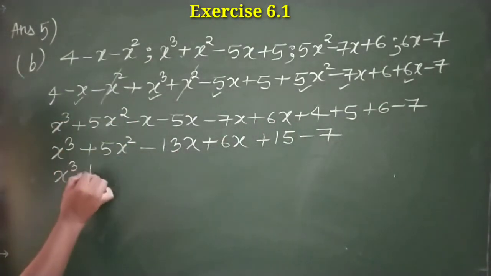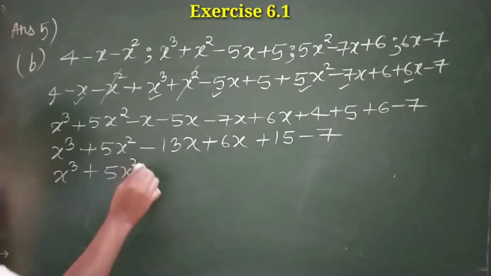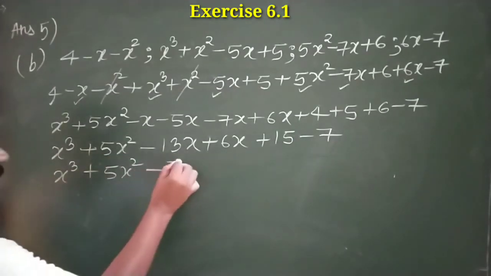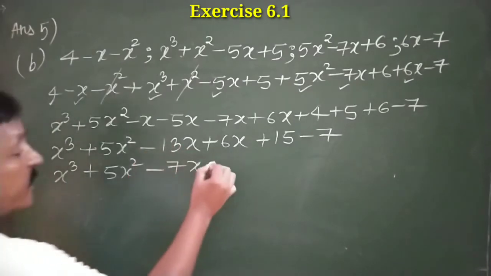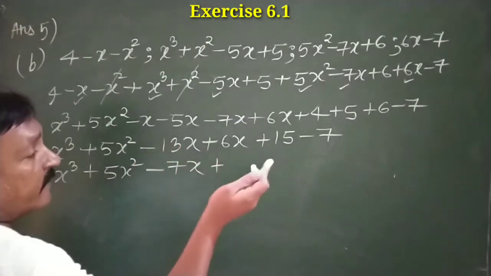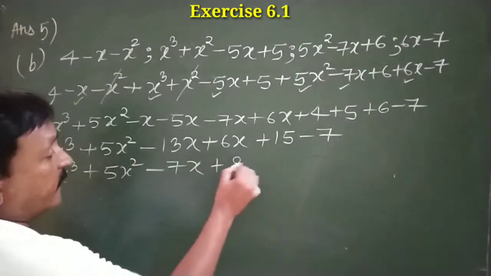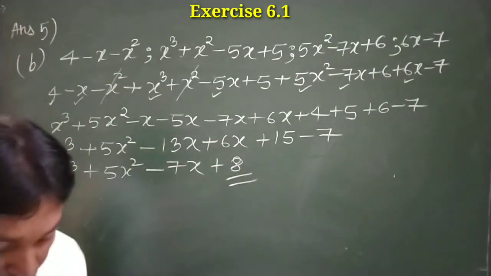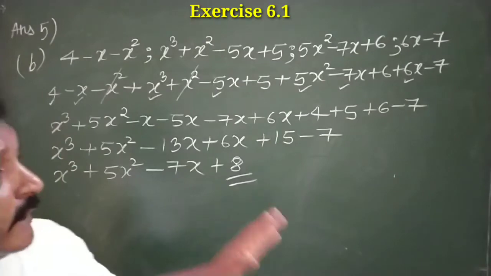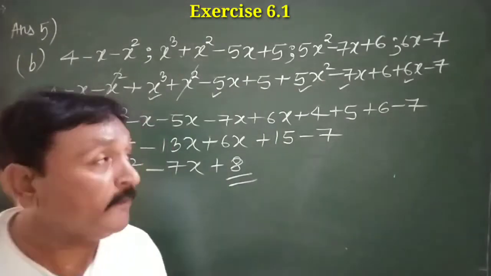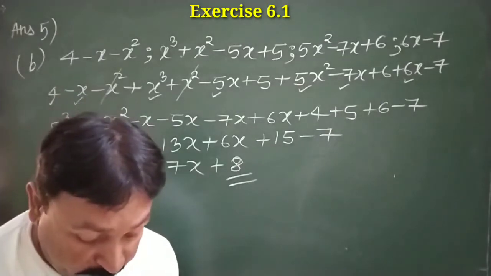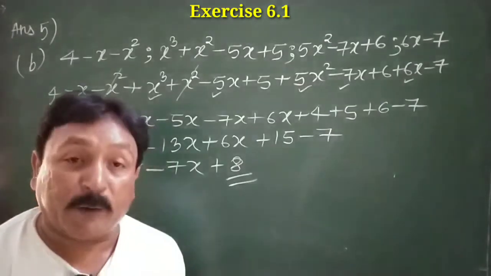X cube plus 5x square, minus 13 plus 6, our answer will be minus 7x, plus 15 minus 7, how much? 8. This is our needed answer, okay? So hopefully you understood how to add the given polynomials. In this way you have to complete question number 5, the rest of the parts by yourself, okay?